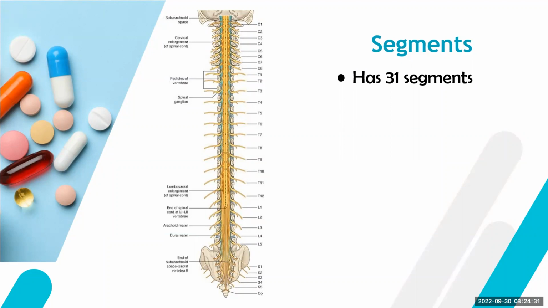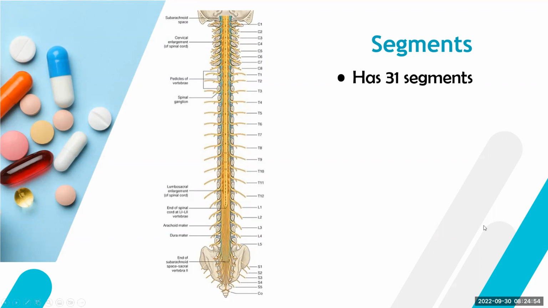And when we go to the end of the spinal cord, we only have 1 coccygeal nerve, while we have 4 coccygeal vertebrae in the coccyx. So we have 3 less at the lower end and one more at the upper end. So 33 becomes 31 segments.